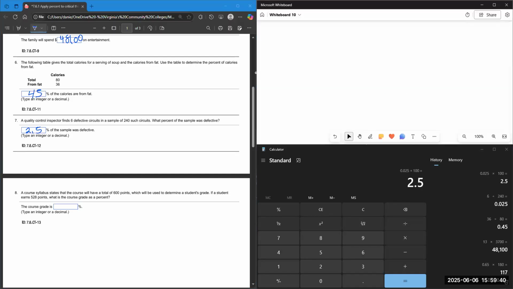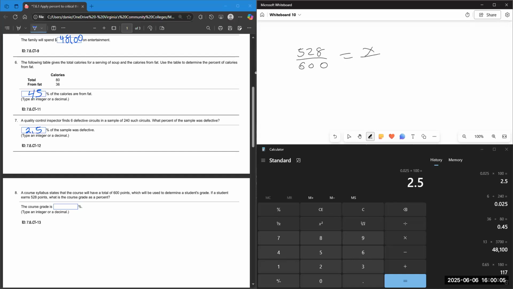And then a course syllabus states that the course will have a total of 600 points, which will be used to determine the student's grade. If a student earns 528 points, what is their course grade as a percent?